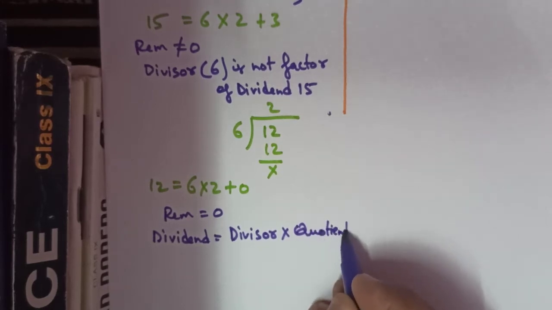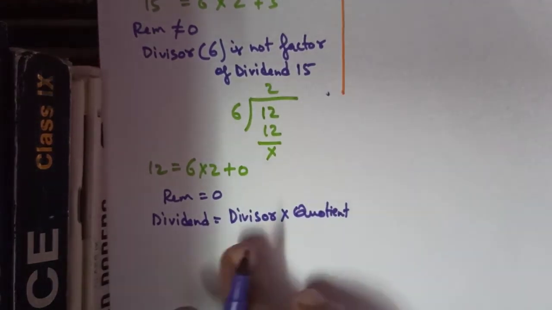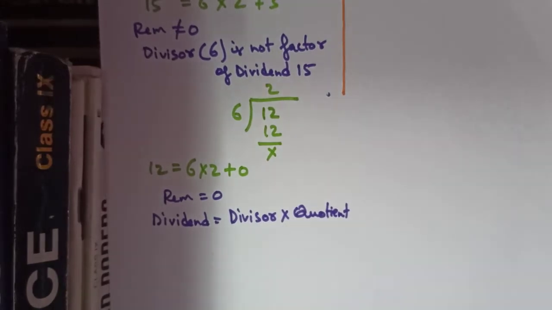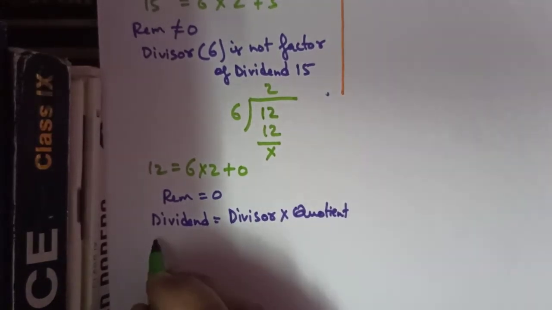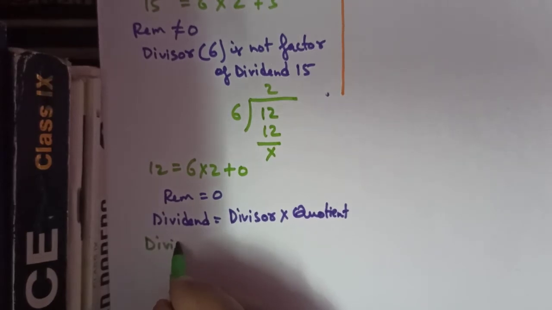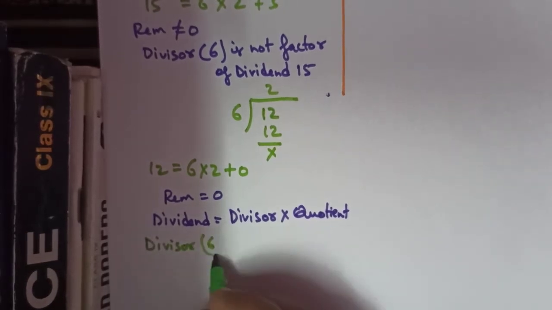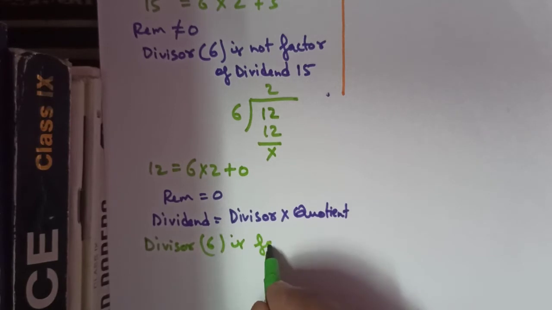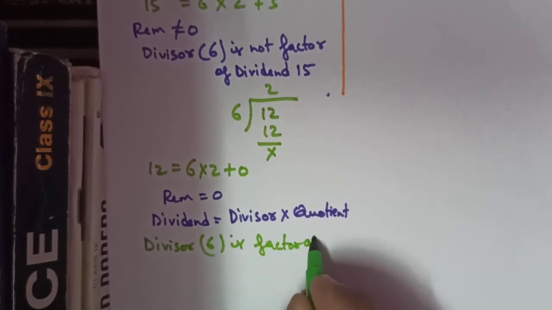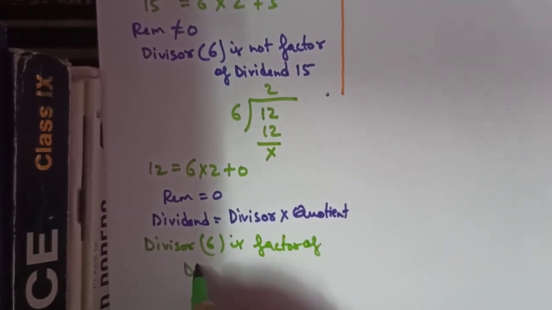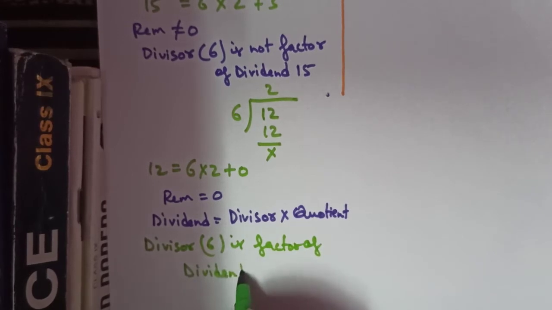Is that clear? And if dividend is equal to divisor into quotient, we can also say that the divisor 6 is a factor of the dividend, that is 12.